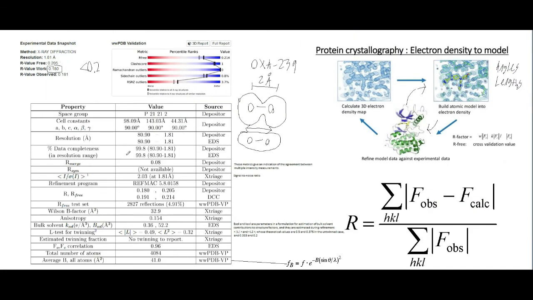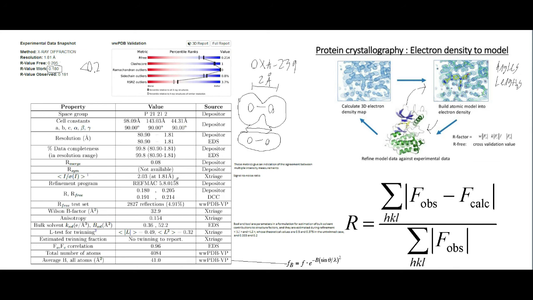Yeah, and so you can see here I wrote a description for the R merge and R sim. They're metrics that give an indication of the agreement between intensity measurements, so intensities from our diffraction data. Here is our signal to noise ratio.